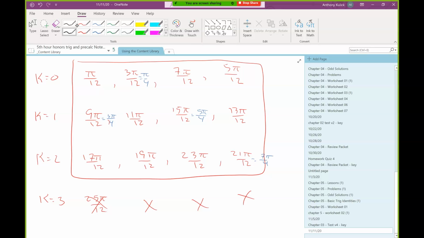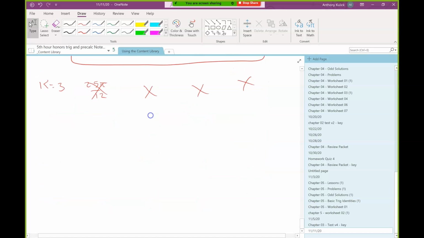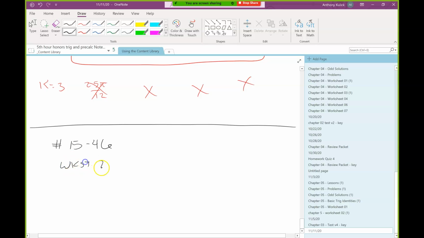So at this point, we should be able to do from the homework set all of 15 through 46 and worksheet 2.